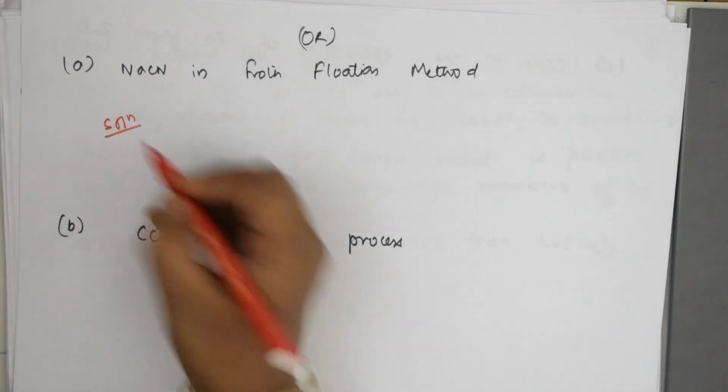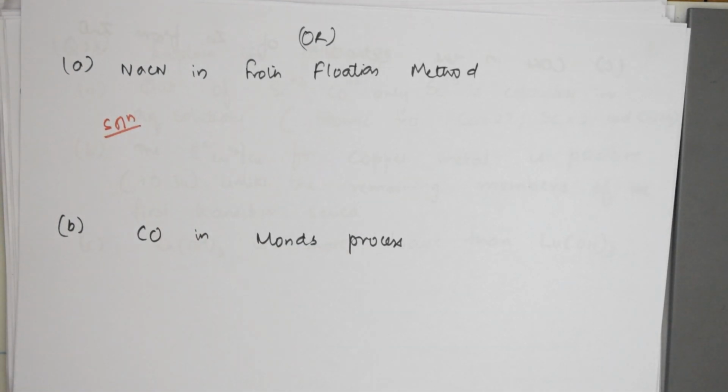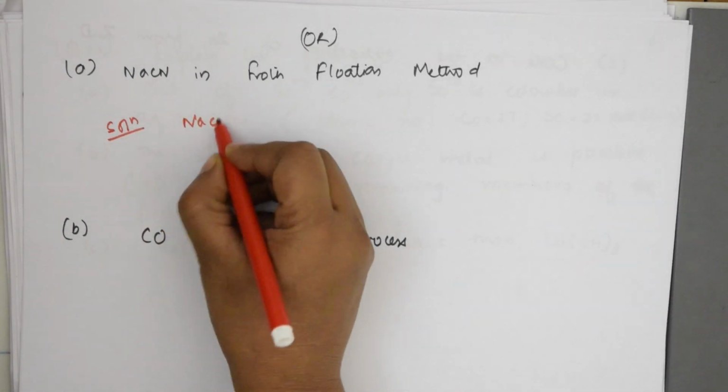I've done a video on froth flotation earlier. You can see what the depressants are and what the floaters are, meaning some will float, like oils will float the whole thing above. You have to remember only 2 or 3 things. So basically sodium cyanide is used as a depressant.